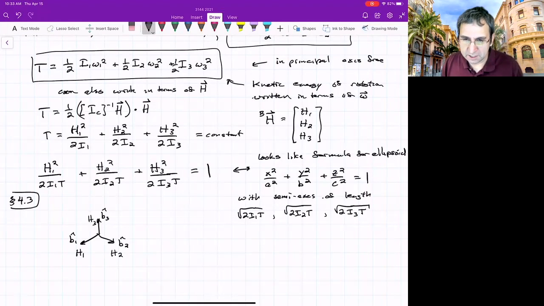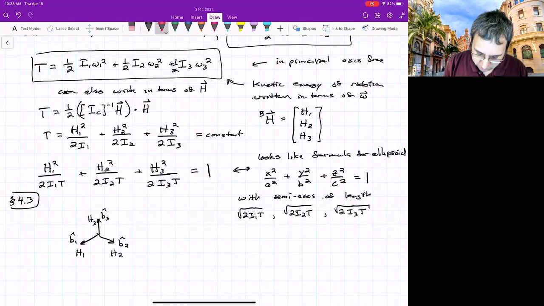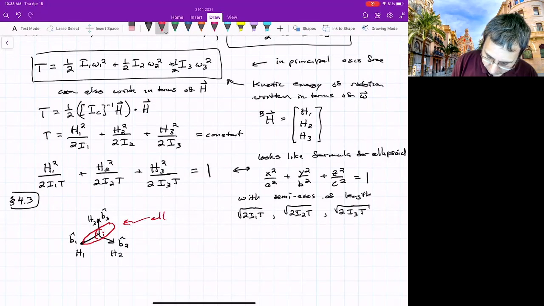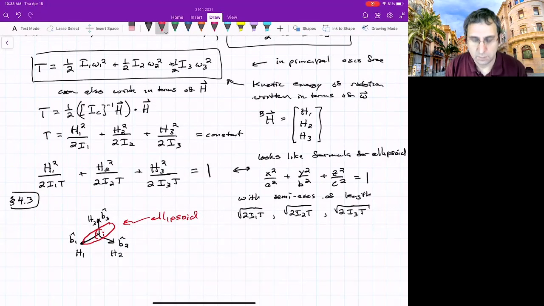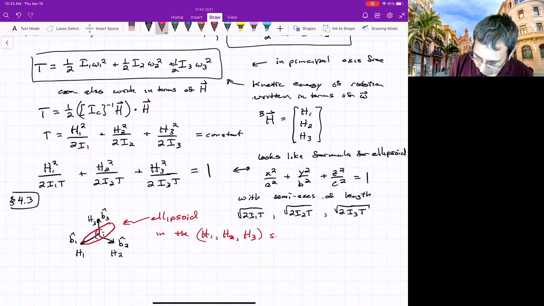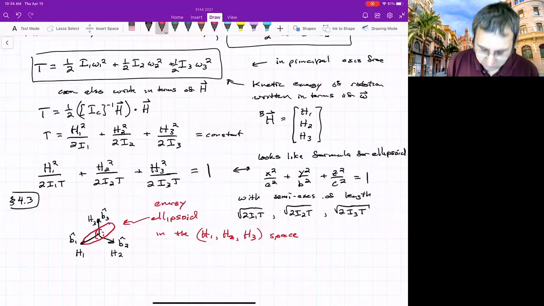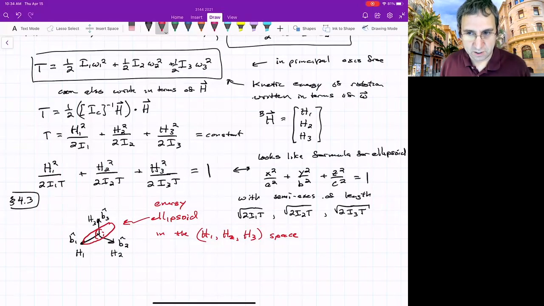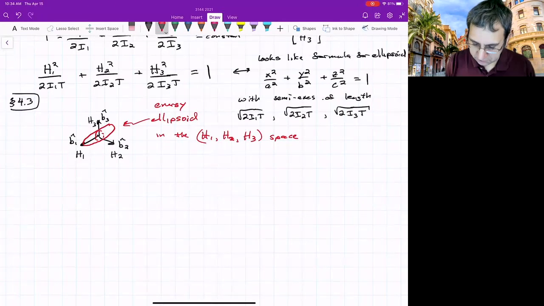Depending on the relative sizes here, well, I1 is the largest, so this is going to describe an ellipsoid. We have an ellipsoid in the H1, H2, H3 space, and we'll call it the energy ellipsoid since it represents conserved energy. We're going to use conservation of energy.